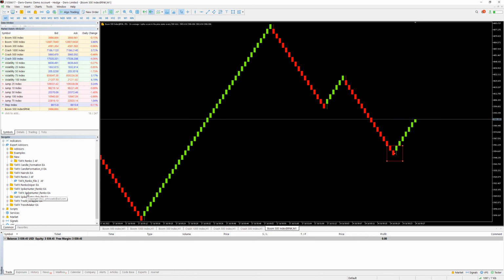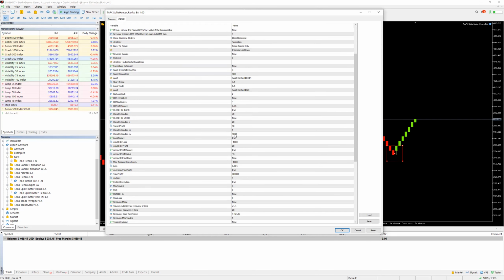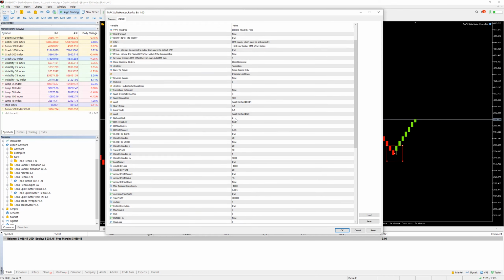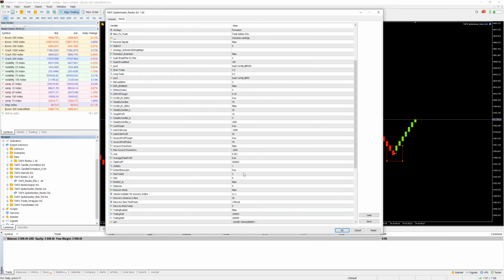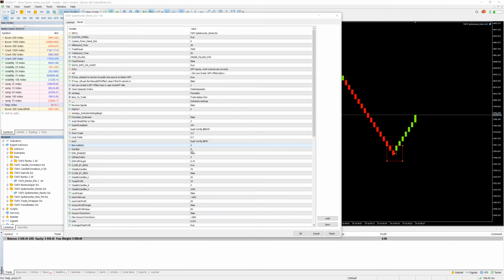So in our EA, I just want you to follow closely. In our EA, you'll find the settings. There is a start bar, and let me show you guys still here. Yeah, these are the settings that I'm talking about.